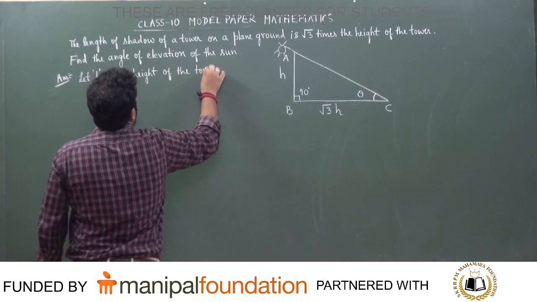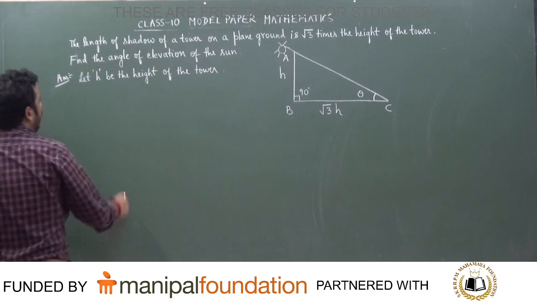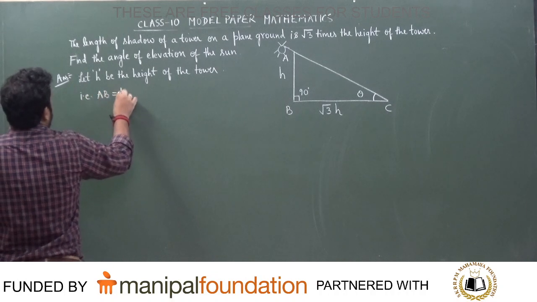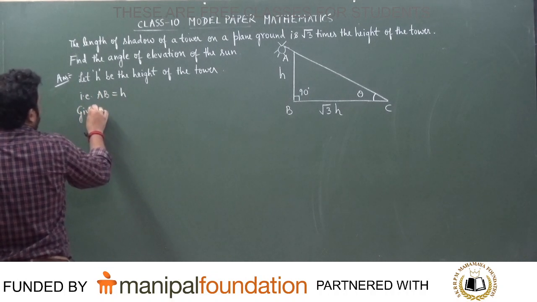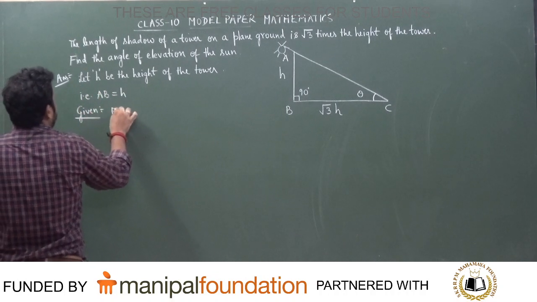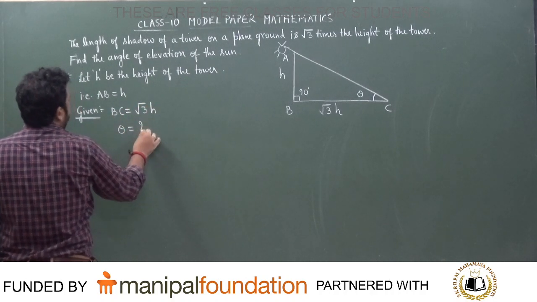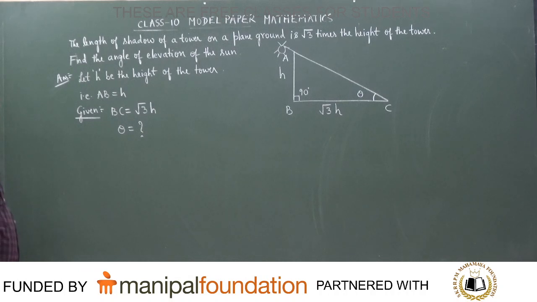Let h be the height of the tower. They have not mentioned meter, centimeter or kilometer. So we'll write the answer. Answer: let h be the height of the tower, so AB is equal to h. Given in the problem, BC will be equal to root 3 times h, and the question is asking you to calculate the value of theta.